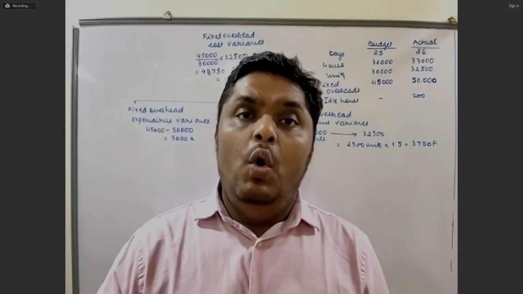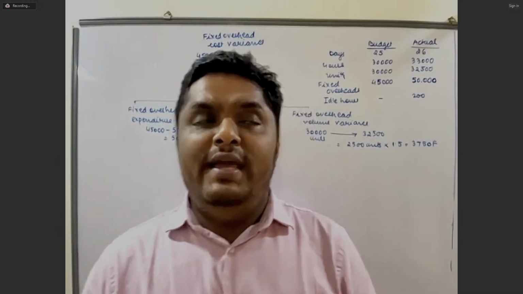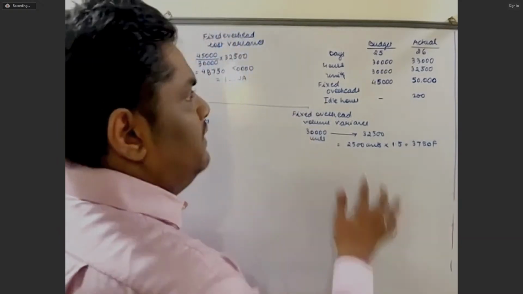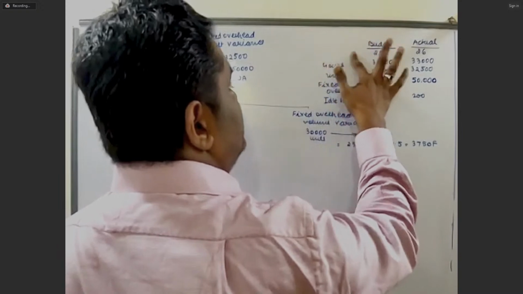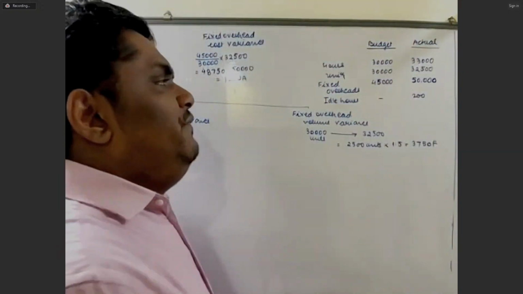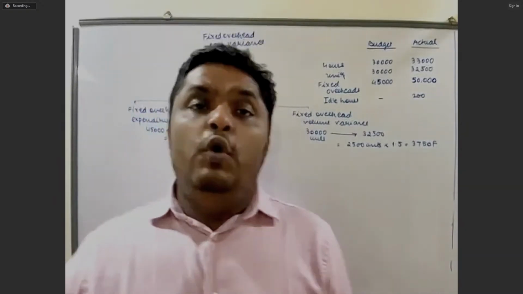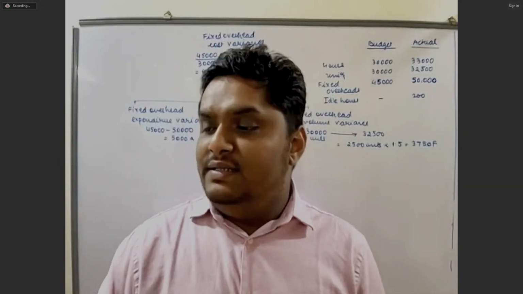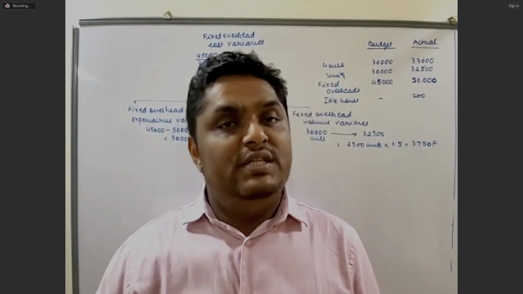Now, here, what if in case the days are not given in the question? What if no information is given as regards days? So what will be the change in the solution?